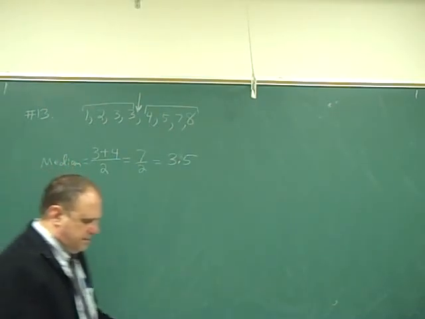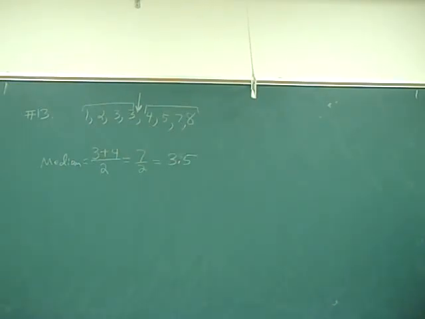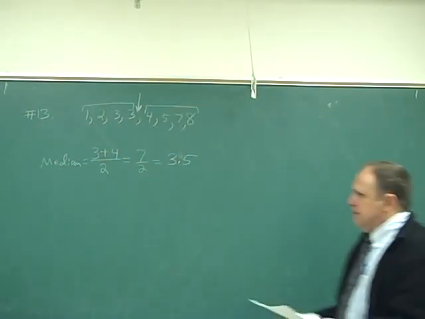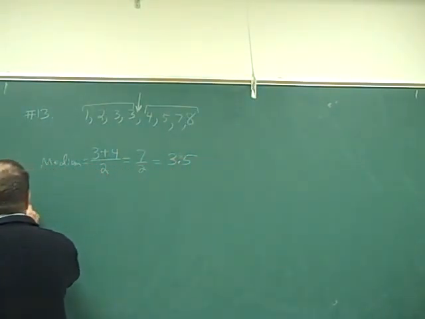But the next problem is not so obvious, such as problem number 20. Okay, here we have 1.4, 2.1, 1.6, 3.0. That's not in order. So in problem 20, we've got to put it in order.